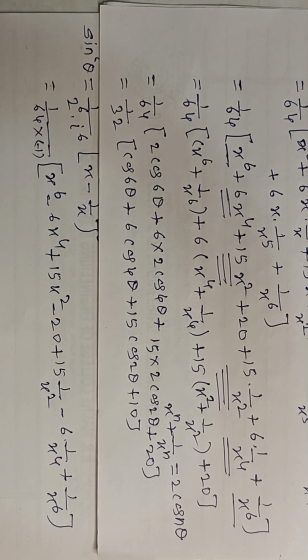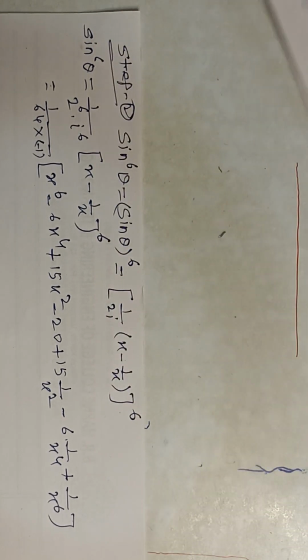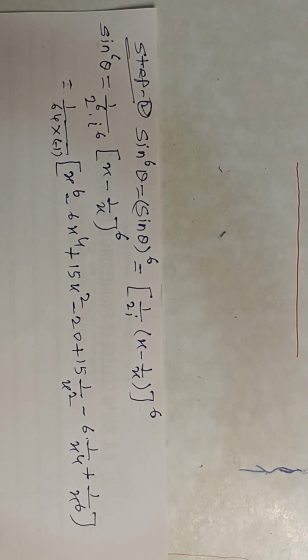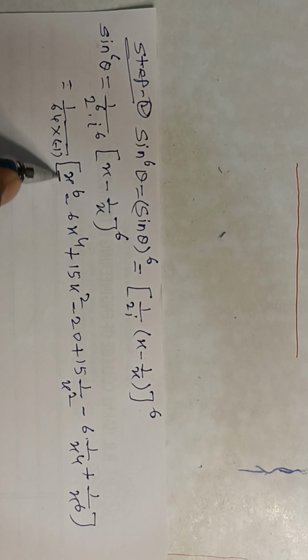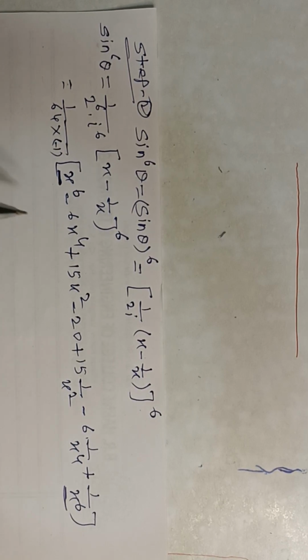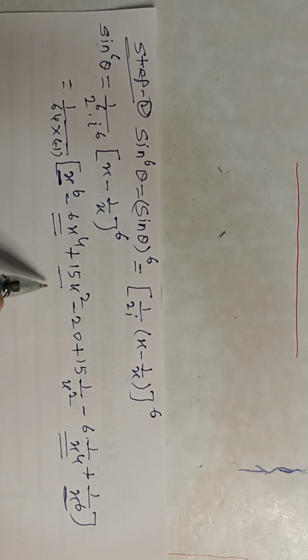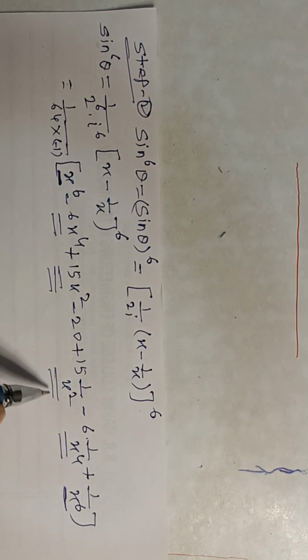Okay, in this way is the expansion of the 6th power of sin theta, and similar to the 6th power of cos theta, here also we have to collect the first term and last term, second last, third and third last.